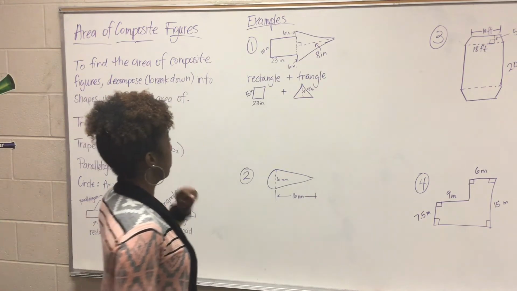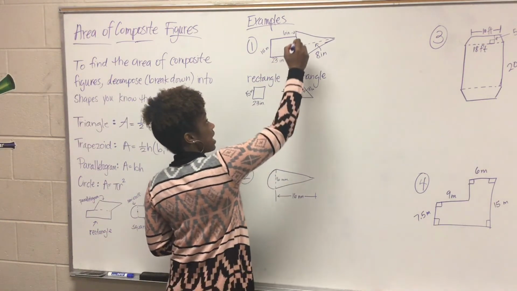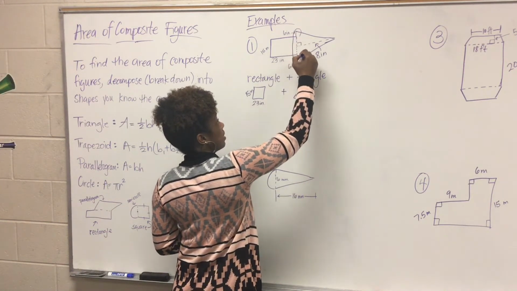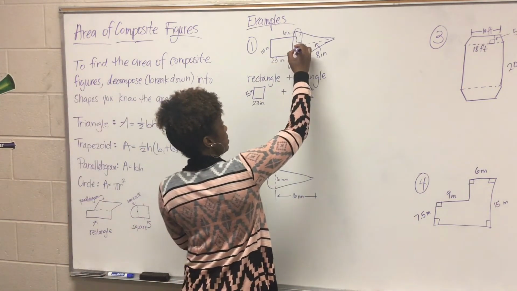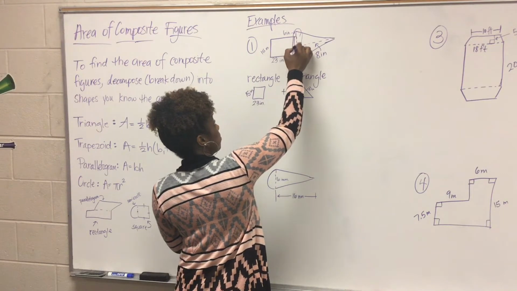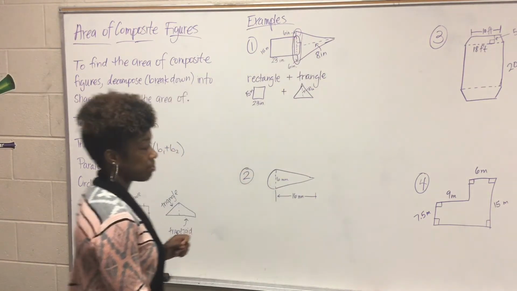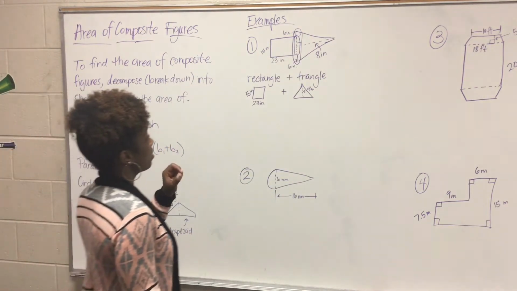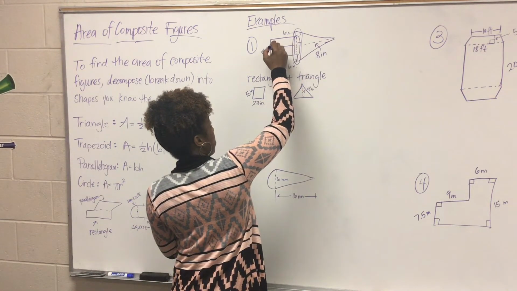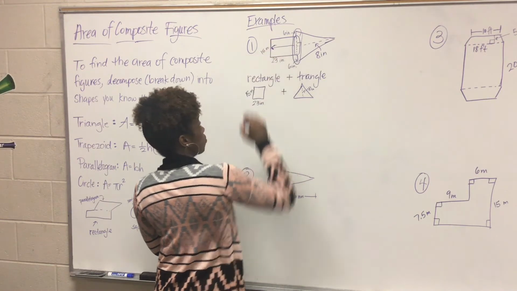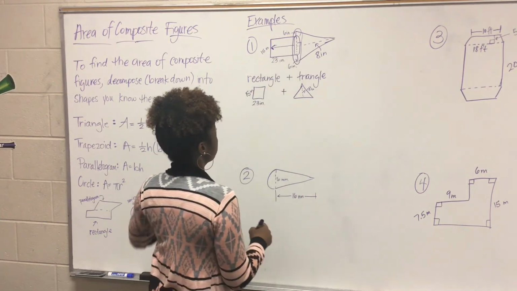And for the base, I know that this entire part right here is the base. So what's missing is this piece right here, the dotted line part. However, I know that that is 15 inches because this is a rectangle and parallel lines in a rectangle are congruent. So I know that this is also 15 inches.